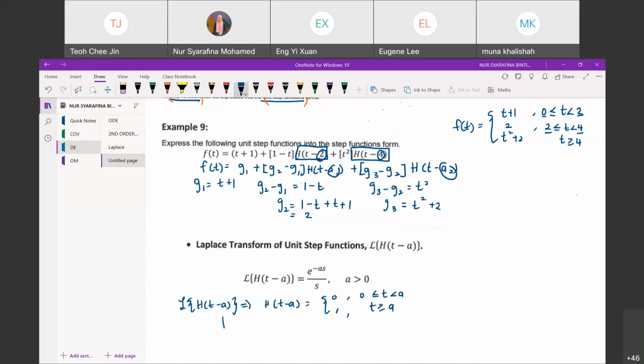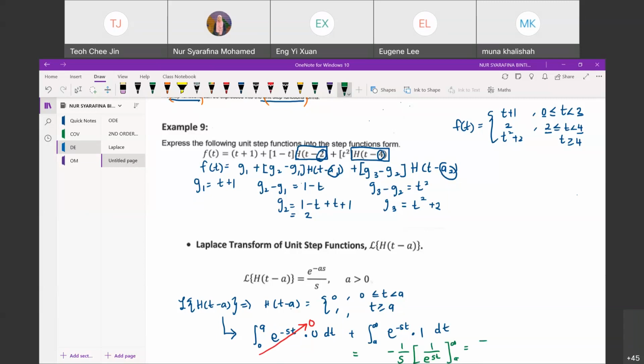So transforming this will give you, by definition, the integral from 0 to a of e to the minus st times 0 dt, plus the integral from a to infinity of e to the minus st times 1 with respect to t. Here you know that the first one becomes 0. This comes from the transformation based on the definition. So just integrate this one. You will have minus 1 over s, 1 over e to the st, integrated from a to infinity.